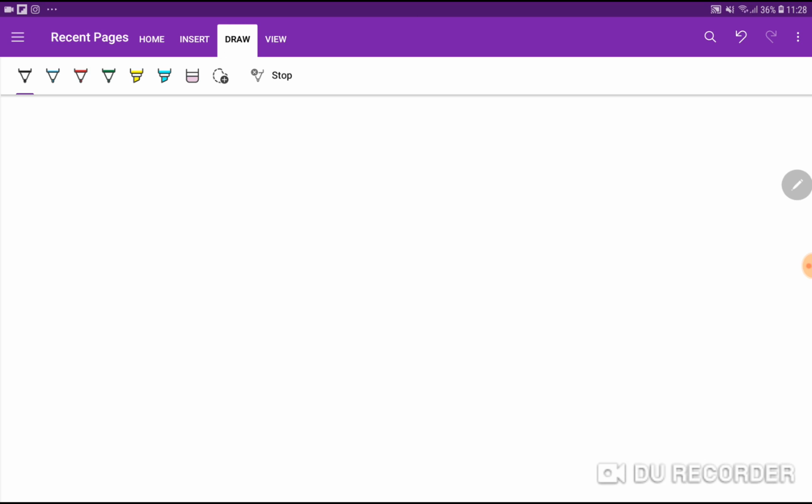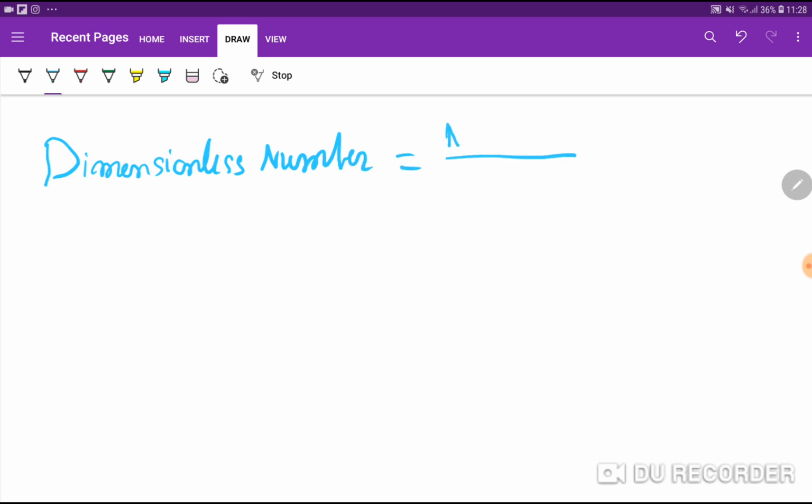Now, how can we find the 4 of them? A dimensionless number has a numerator and a denominator. What can the numerator be in this case?